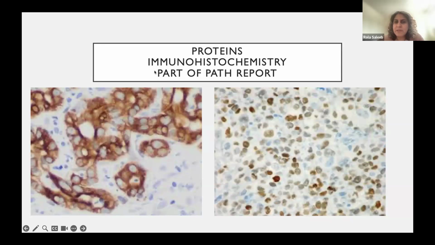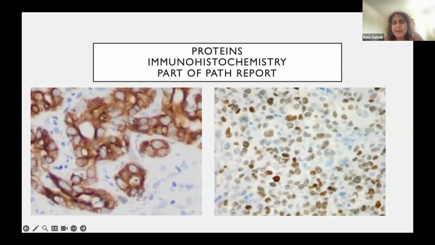The way immunohistochemistry works is it looks for a specific protein. So each stain looks for a protein. If the protein is present, it gives you a brown color. If it's not present, you don't have a brown color. For instance, these cells here are blue, so they're not expressing this protein. But these cells, which are the cancer cells, have that protein that we were looking for.